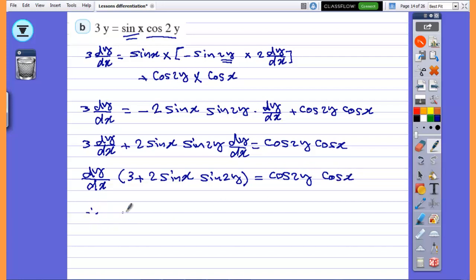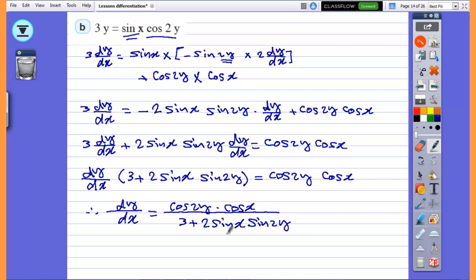So dy/dx, we make a division, equals in the numerator cos 2y cos x over 3 plus 2 sin x sin 2y. And this is the final solution.